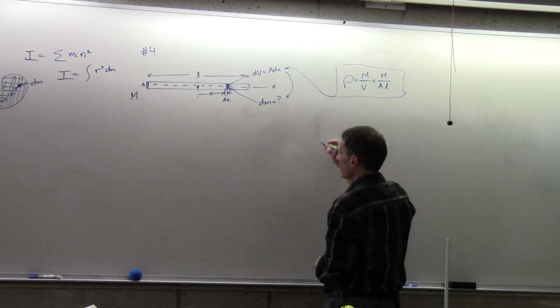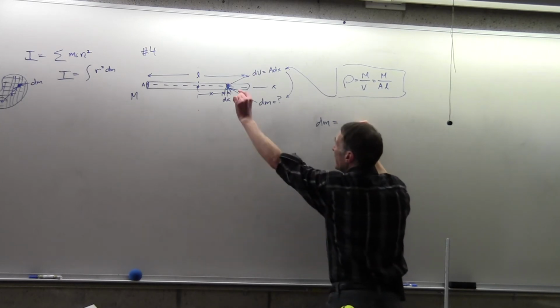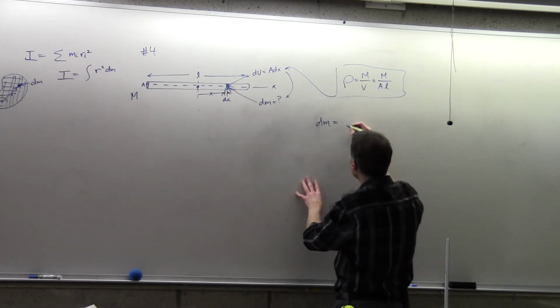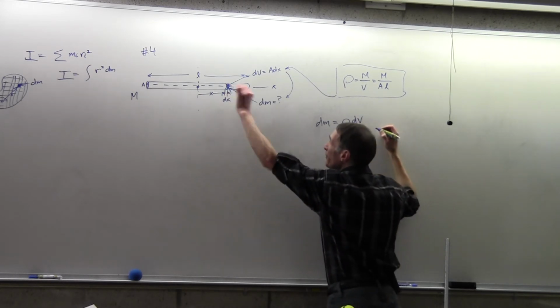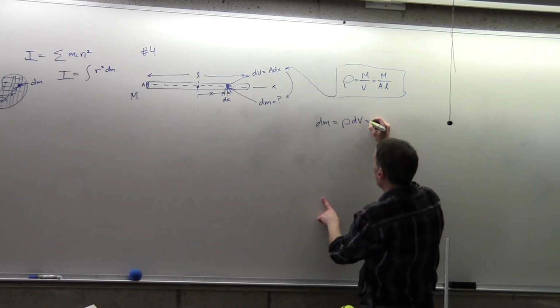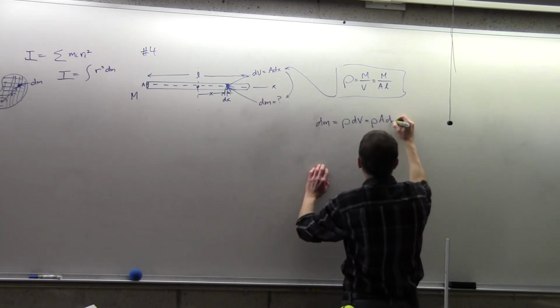So let me put that in several steps here. The differential mass should be the density of this times its small little differential volume. Its differential volume is going to be its area times dx.